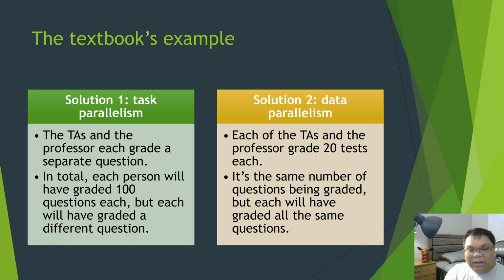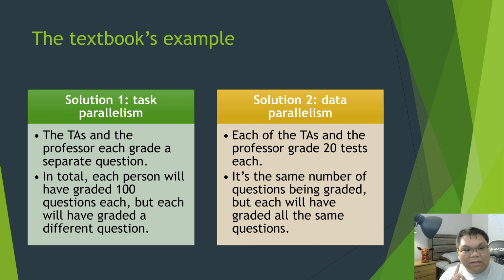The professor starts grading the next exam, while at the same time the first TA grades the second question, and then passes it on. And then the second TA grades the third question. At the same time, the first two graders are grading the first and second question, pass it on, and so on and so forth.